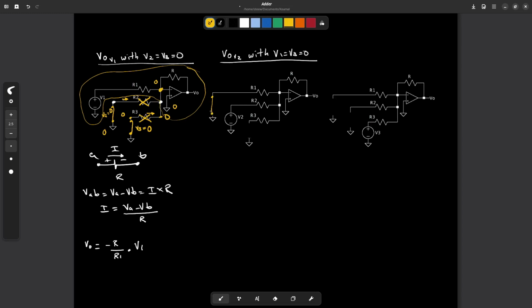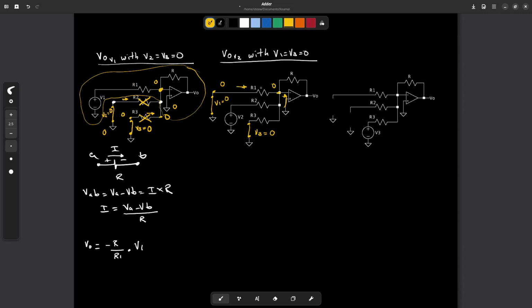Okay? This means V1 equals 0. And to nullify V3 is the same. I connect this terminal to this terminal by means of a short circuit. So V3 equals 0. So the same as before. This node is at 0 volt. This node, due to virtual short circuit, is a 0 node.